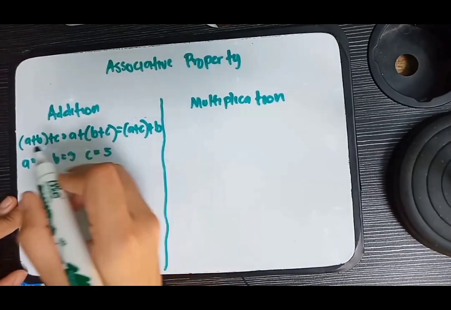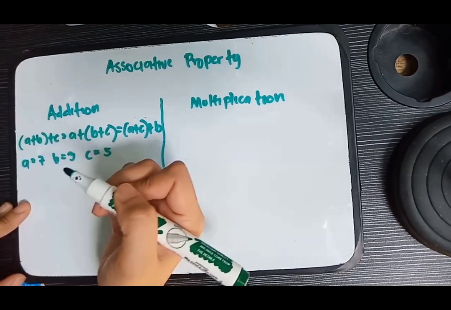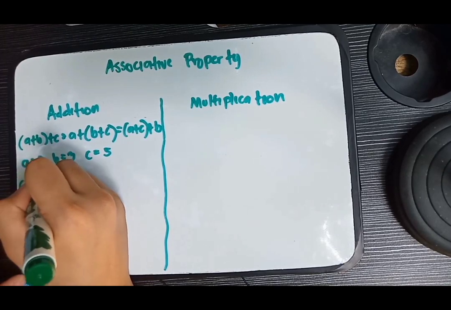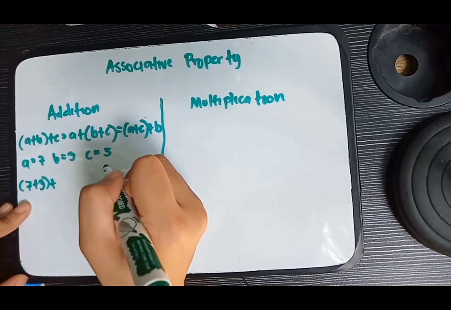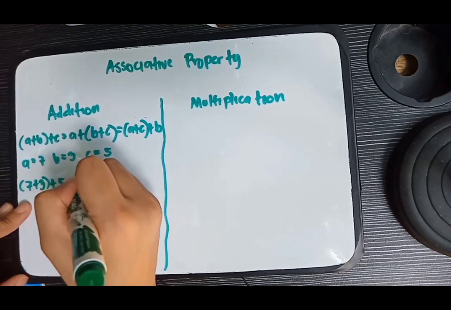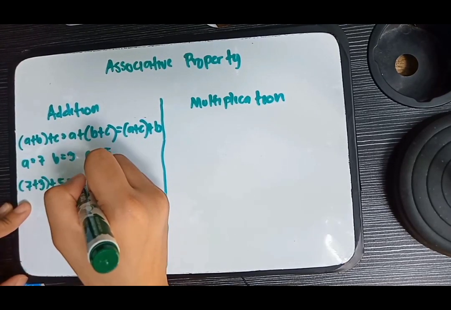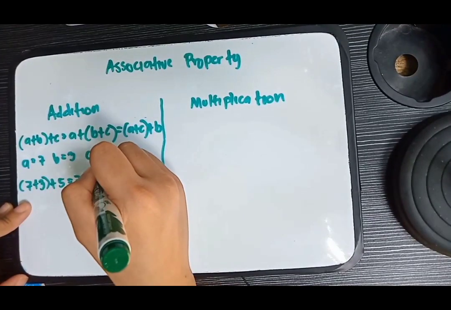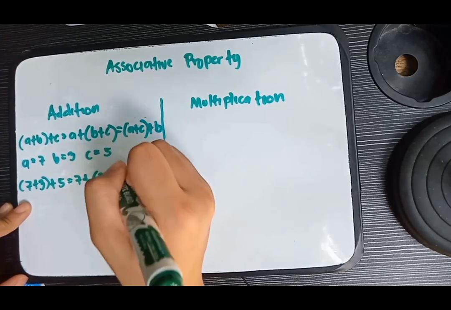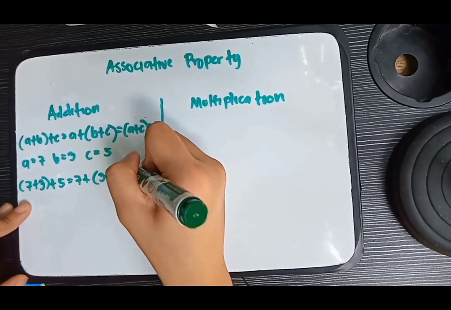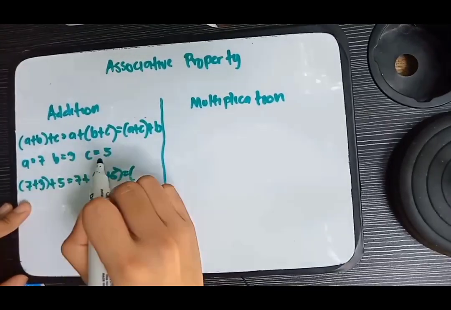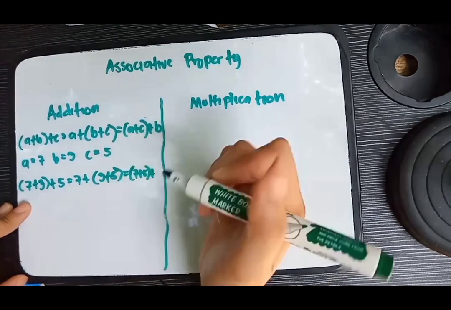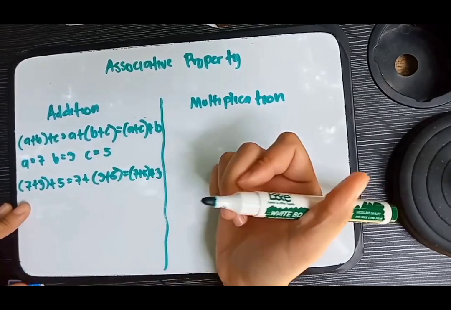So, (A plus B) plus C: our A is 7, our B is 3, so (7 plus 3) plus C, our C is 5, is equal to our A, 7, plus (our B and C, 3 plus 5), which is equal to (A plus C, 7 plus 5) plus our B, which is 3.